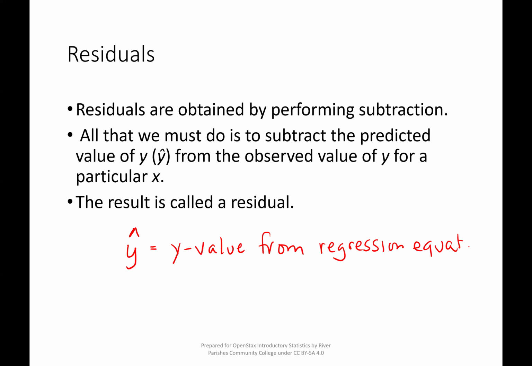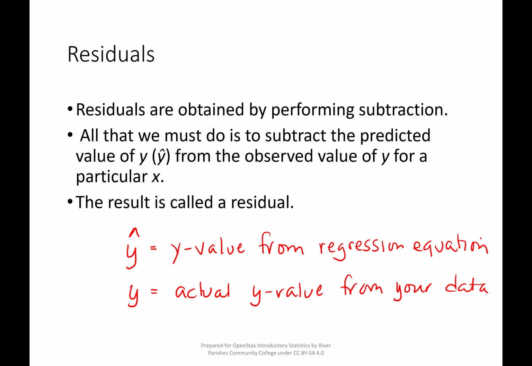Whenever you calculate your regression equation, if you plug in a value of the independent variable x, the output you get from that regression equation is y hat. So y is the actual y value from your data. And y minus y hat is the residual.